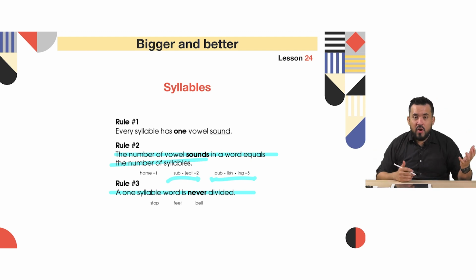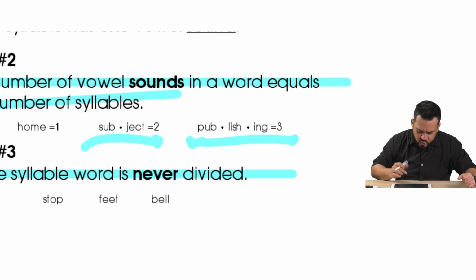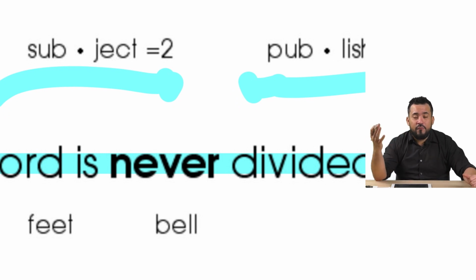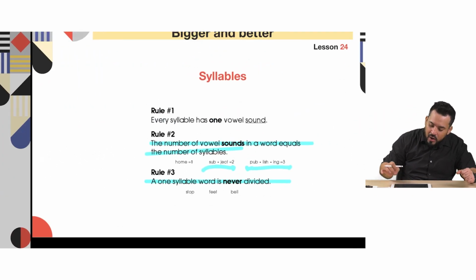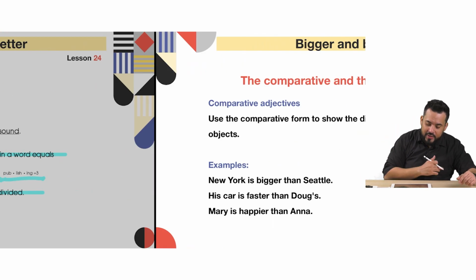Only one part, one vowel, which is the O. Feet has one vowel sound, which is the E. Feet or feel, they're both the same. Both are one syllable, one vowel sound, the long E sound. All right, next one is bell, also one vowel sound, which is the short vowel E.